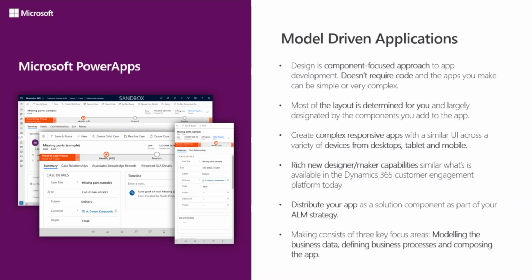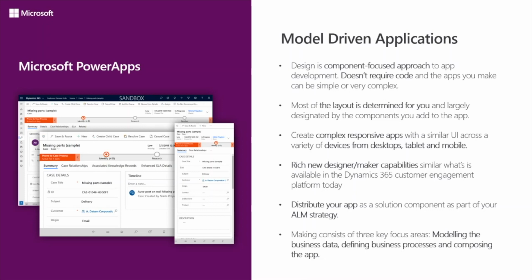And you could pretty easily build applications that don't necessarily require high complexity, but you can obviously extend it further and create that higher level of complexity in your applications if you wanted to. Most of the layout, like the images that you're seeing on the left, which show the latest changes that we have introduced in our latest release wave 2 that you can already be previewing, is determined for you.